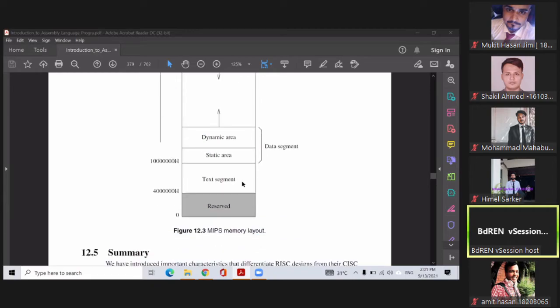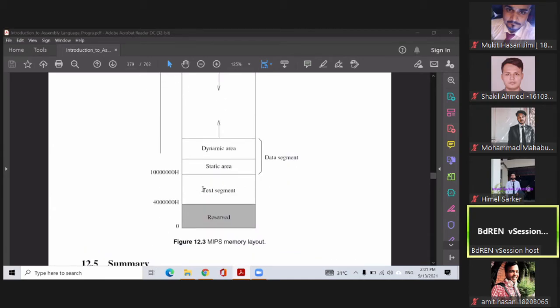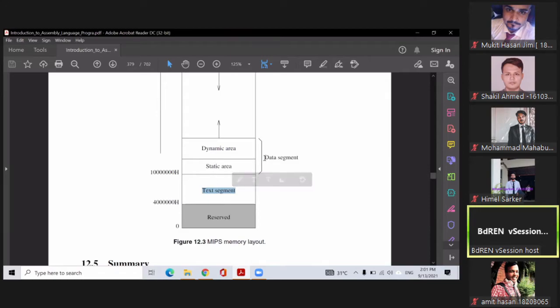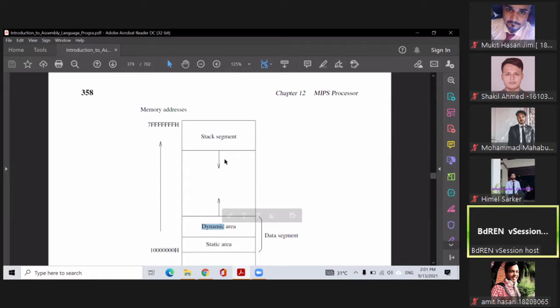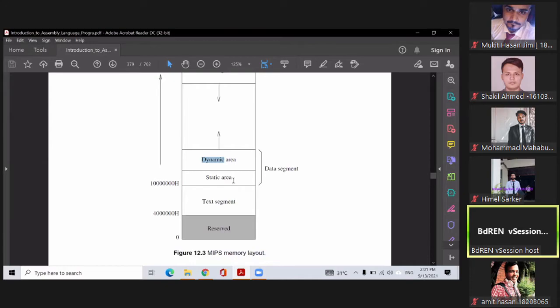So we have three different options: the text or code segment, and the data segment. We have two data segments, static and dynamic, and another one is the stack segment. Just remember, the stack starts from the top of the memory. That's how we can distribute.